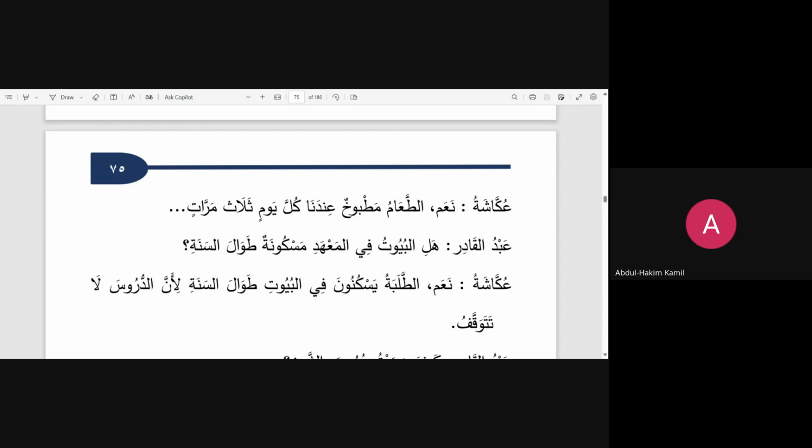May Allah increase you all. هل البيوت في المعهد مسكونة؟ Are the houses of the institute lived in? Are they occupied? Are they lived in during the whole year, right? They're occupied. They're lived in.